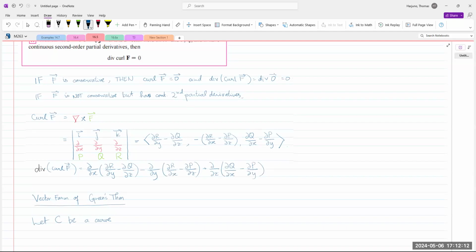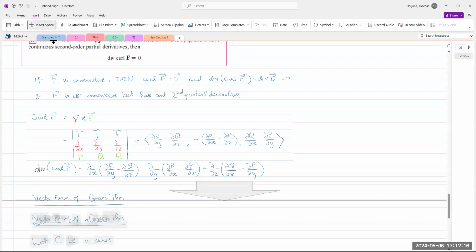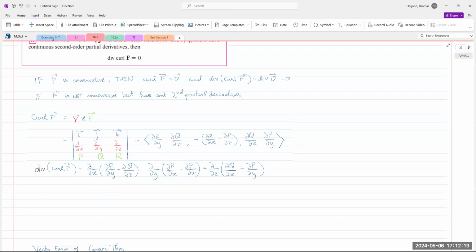Okay, now remember, if the second order partial derivatives are continuous, then Clairaut's theorem applies, which means the mixed partial derivatives will be equal regardless of the order.